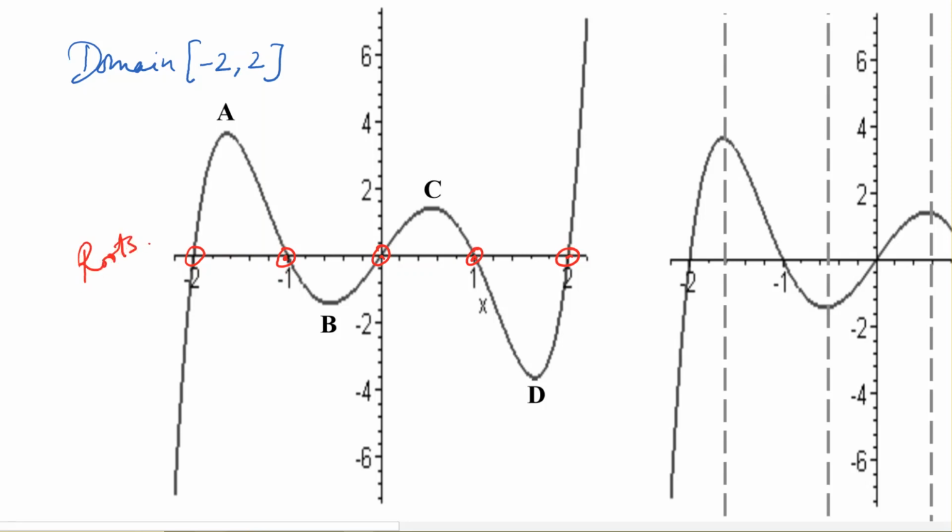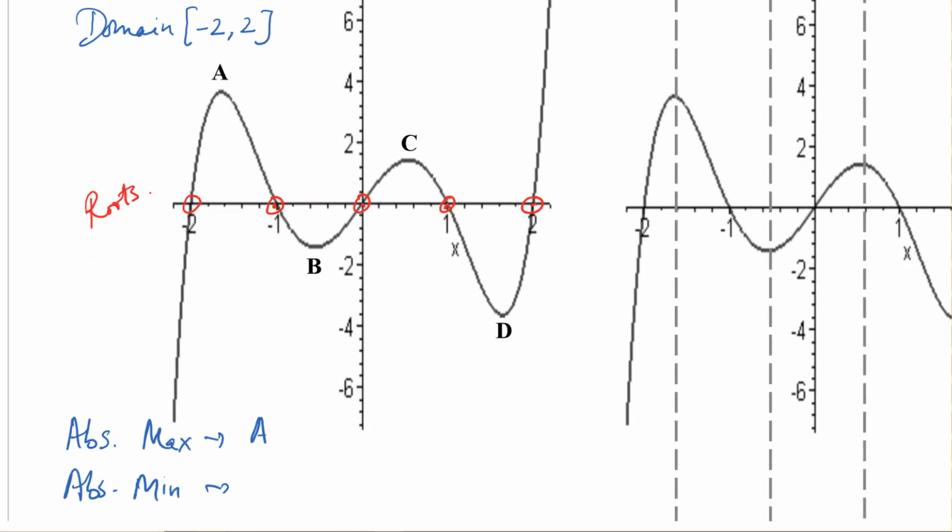If I ask you to find the absolute maxima in the domain of -2 to 2, the absolute maxima will be at point A. So absolute maxima is at point A.